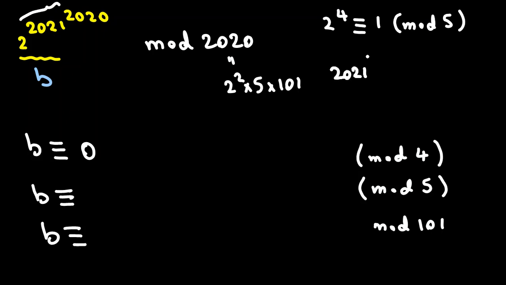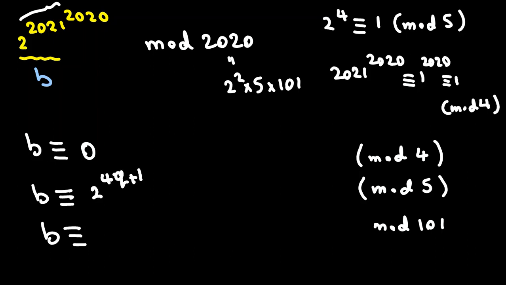If you calculate this mod 4, 2021 to the power of 2020 is congruent to 1 mod 4. So it will be 2 to the power of 4q plus 1, because the power is 1 mod 4. And because 2 to the 4 is 1, you can say 2 to the 4q times 2 is congruent to 1 times 2, which is congruent to 2.